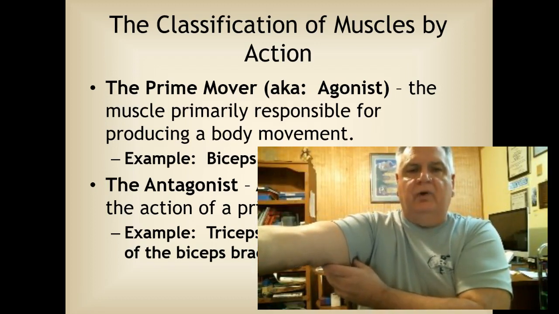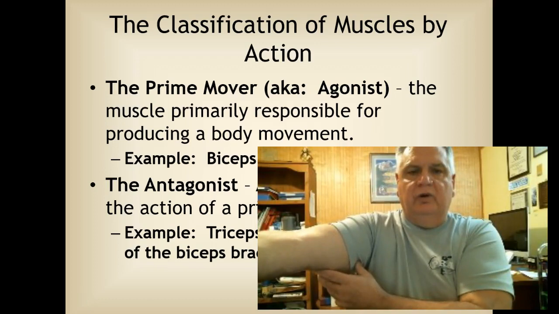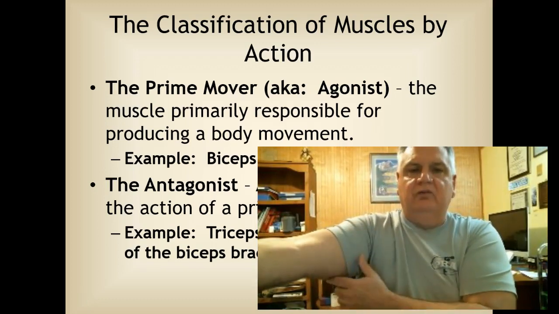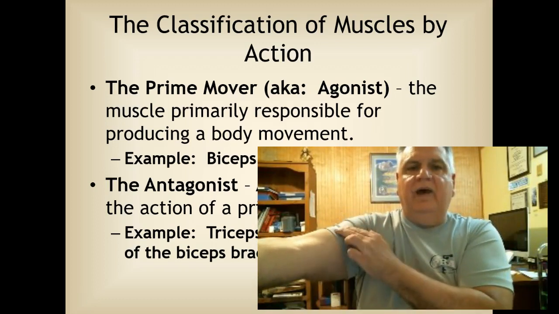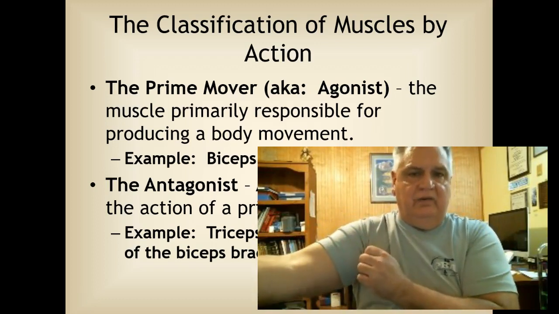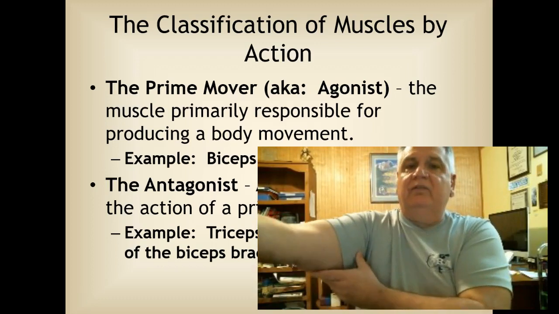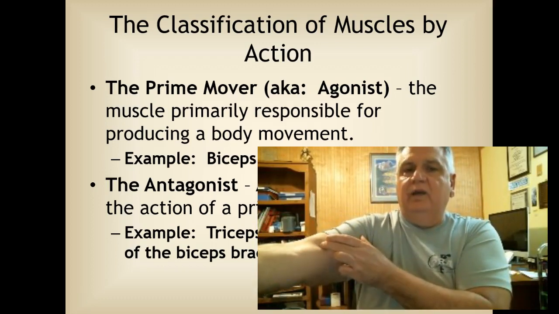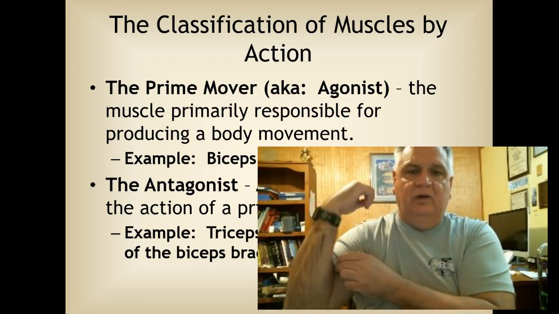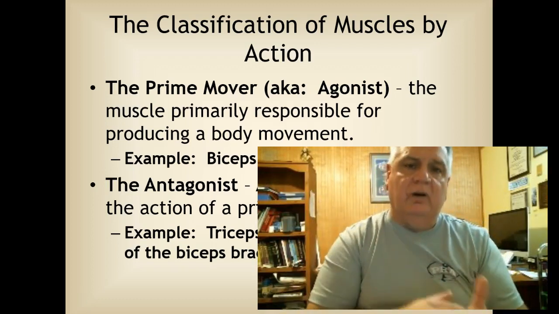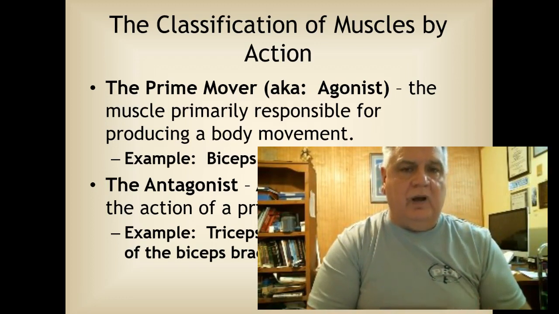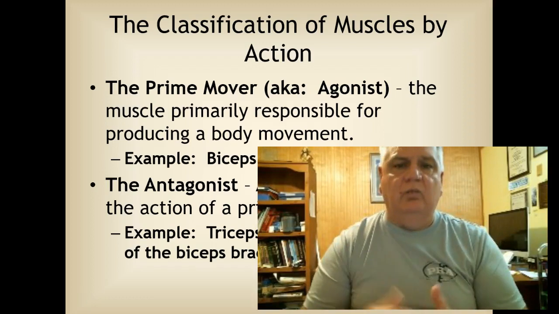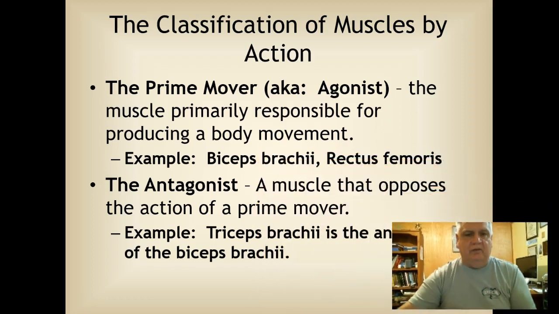It's primarily responsible for extending the elbow joint. So now what becomes the antagonist to the triceps brachii? The antagonist is going to be the biceps brachii, because if the triceps brachii extends the joint, the biceps brachii is going to flex the joint. So you have to be careful about whether you're talking about flexion and what is the prime mover and the antagonist, or whether you're talking about extension and what is the prime mover or the antagonist.